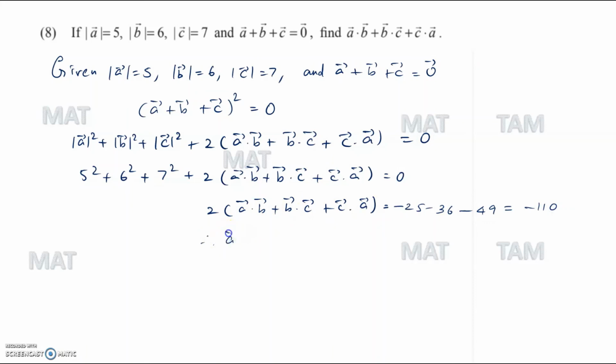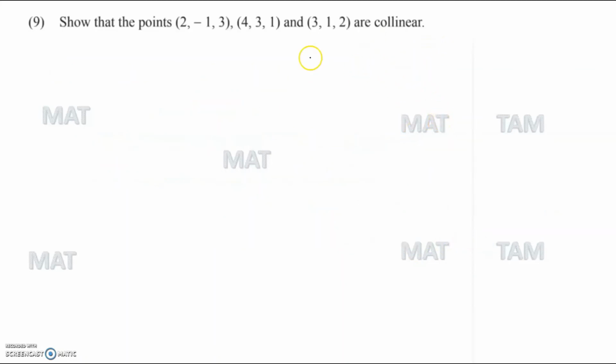Therefore, A dot product with B plus B dot product with C plus C dot product with A is equal to minus 110 divided by 2, which is equal to minus 55. That's the required answer.